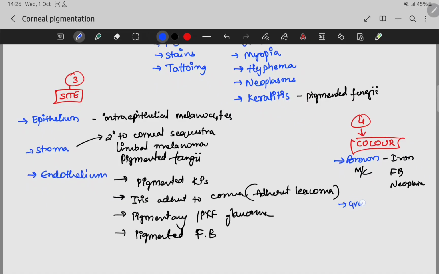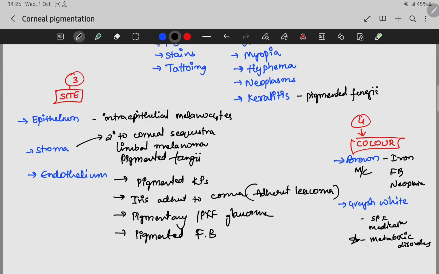Then we have grayish white deposits. This grayish white deposit can be seen in case of superficial punctate keratitis and medication related deposits, and also in case of silver deposit, that is in argyrosis. And also characteristically metabolic disorders lead to grayish white deposits.